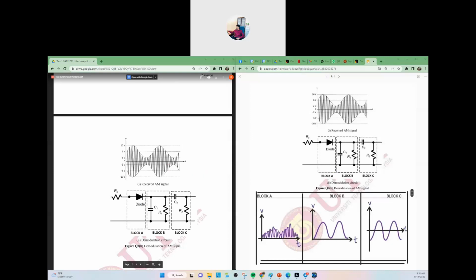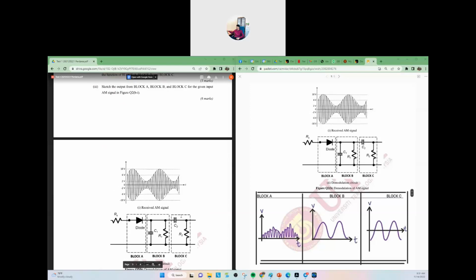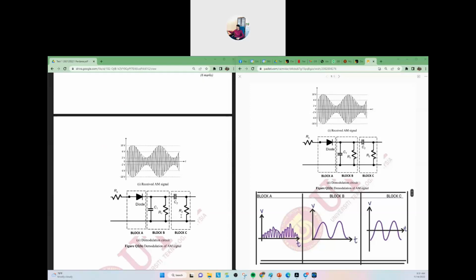That is it, and we cannot have too small ripple. So now close your book, close your slide. If the time constant is too small, what will happen? What happens if the time constant is too small?